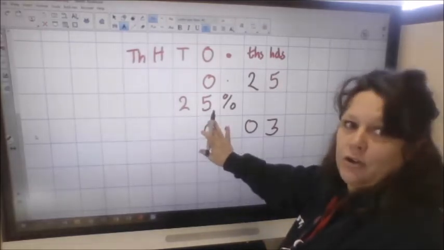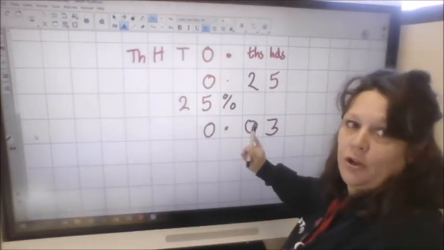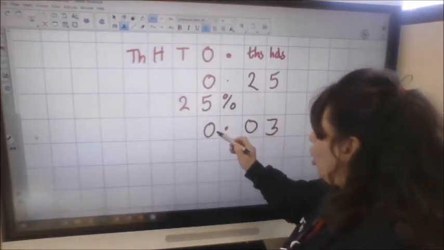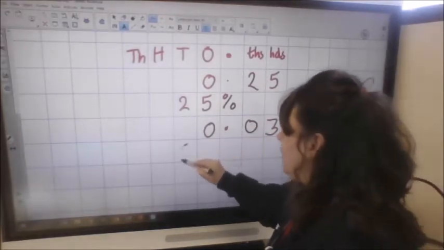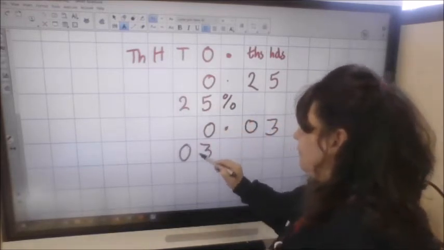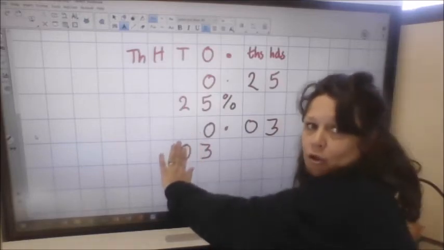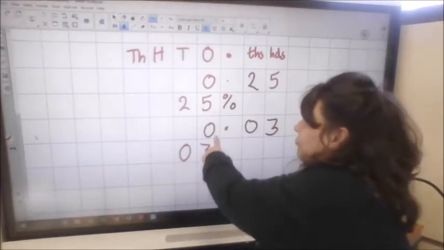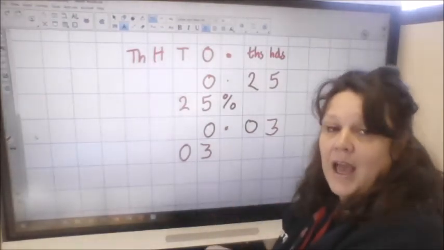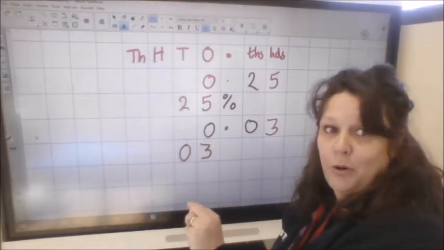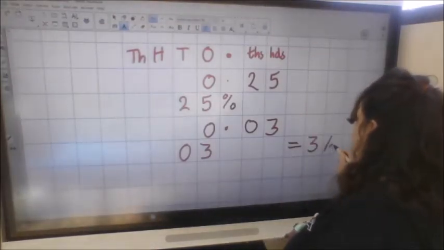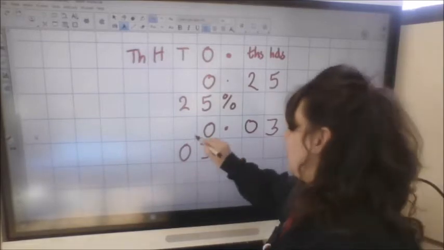So I'm going to ignore that 0 for the moment, concentrating on these numbers. Okay, so that 0 is going to go 1, 2. So it's going to land there. My 3 is going to go 1, 2. So I can ignore that because I don't need it, because I've got 3 in my ones column. So 0.03 converted to a percentage equals 3%, because I don't need that.